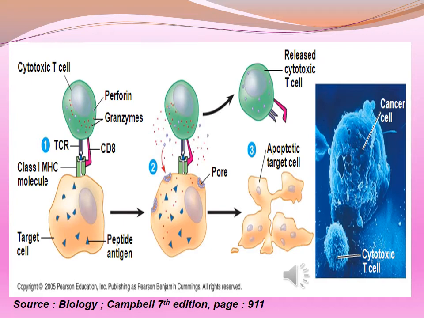Secondly, the T cell releases perforin molecules which form pores in the infected cell membrane, and granzymes, the enzymes that break down proteins. Granzymes enter the infected cell by endocytosis. Lastly, the granzymes initiate apoptosis within the infected cell, leading to fragmentation of the nucleus and cytoplasm and eventual cell death. The released cytotoxic T cell can attack other infected cells.